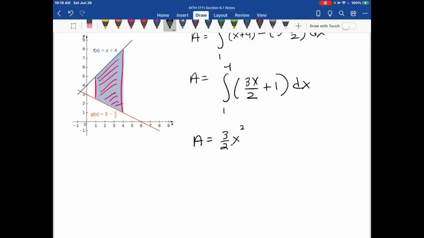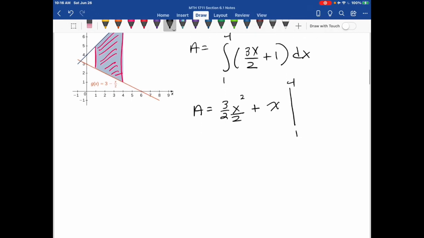So I'm going to increase the exponent for x by 1 and then divide by that. So I have 3/2 x squared over 2 plus, now the antiderivative for 1 is just x. I could put the plus c in there, but since we know that it's going to get subtracted out since we're working a definite integral, I'm just going to leave that out.